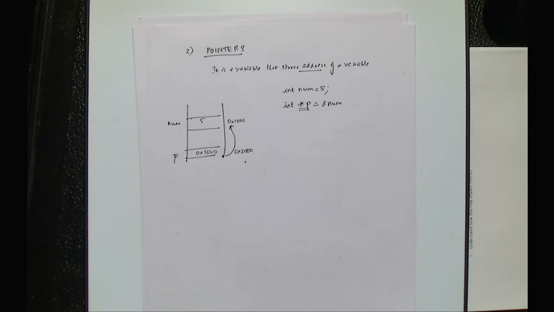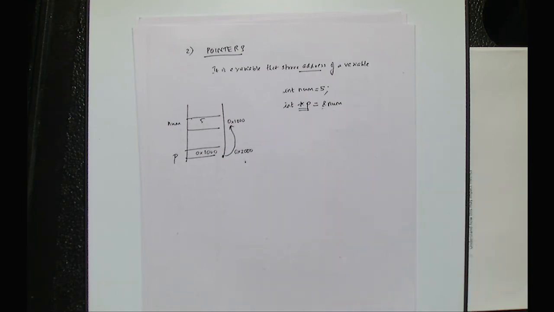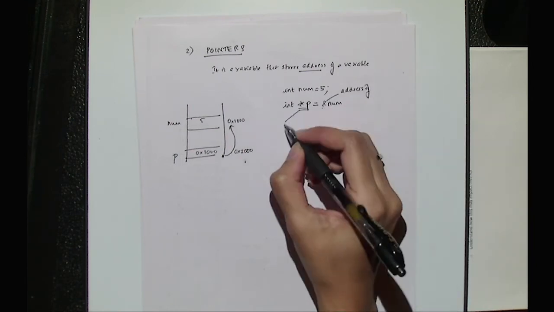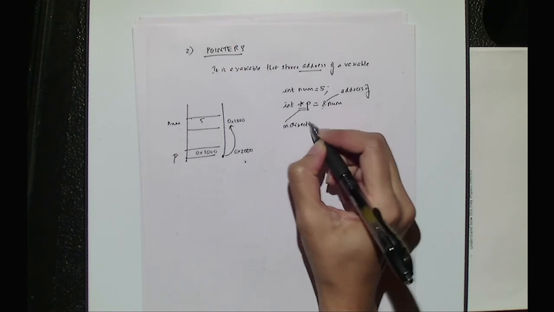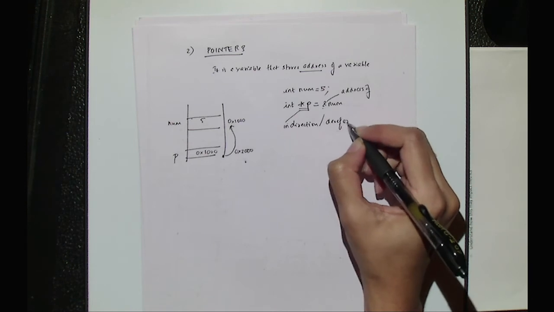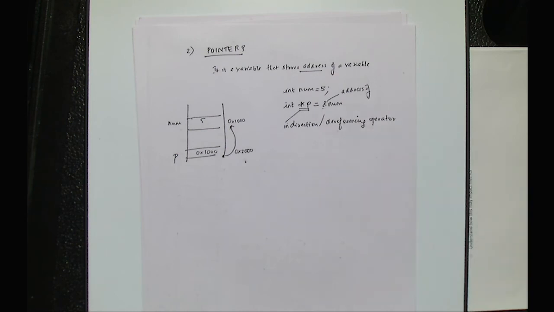In pointers, you will use the star operator, which is called the indirection operator, the asterisk, and then you use the ampersand, which is called the address of operator. It's also called an indirection operator or a dereferencing operator. We'll come to the second part in a bit.